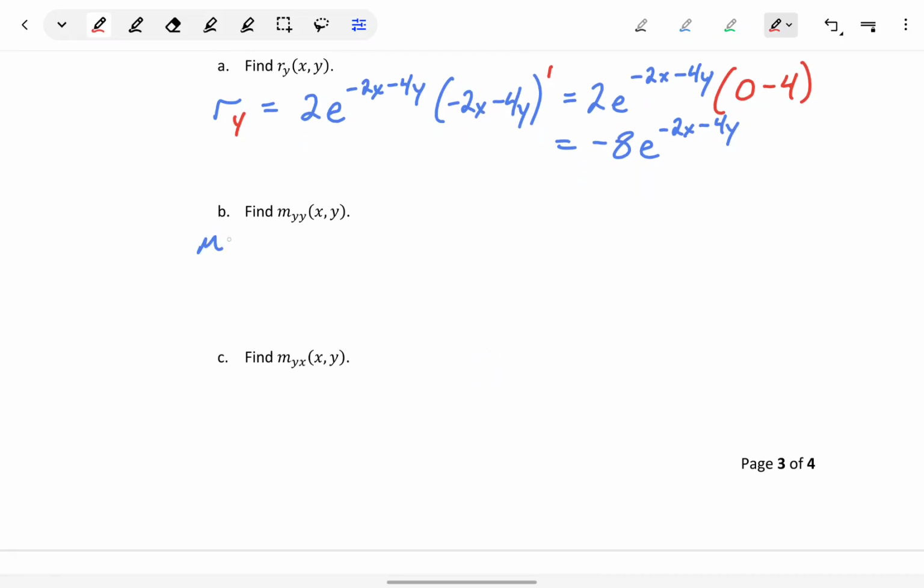To find r sub yy, I mixed up my letters there, but these should all be referencing the same function. This should still be r.